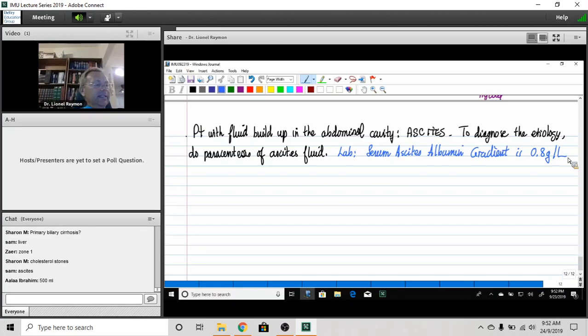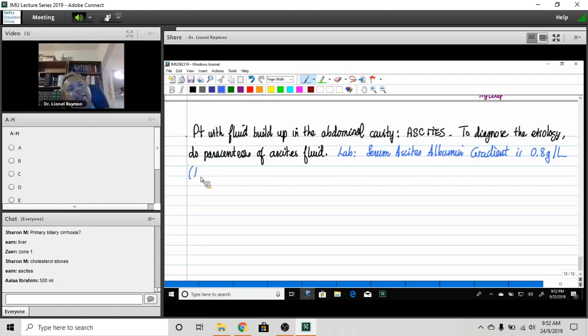And let me tell you that this is actually a low gradient. Less than 1.1, to give you some idea of normal value. So I would like, thanks to this, the most likely cause of ascites in this patient.